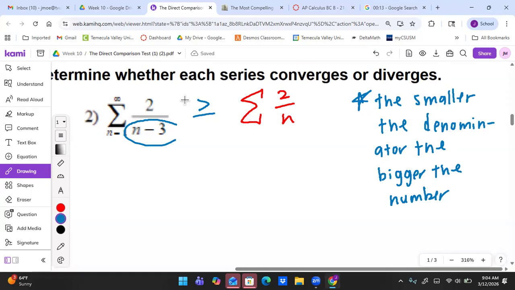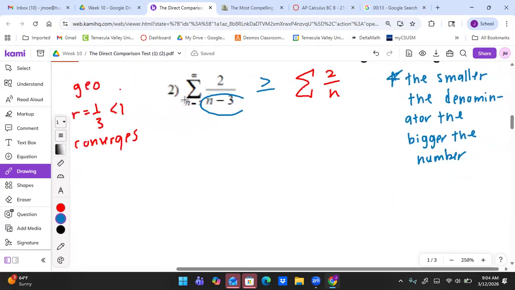We talked about this last class. Sorry, it doesn't make sense to you, Fedor. But you can't just get the behavior of a function by plugging in n equals 1.